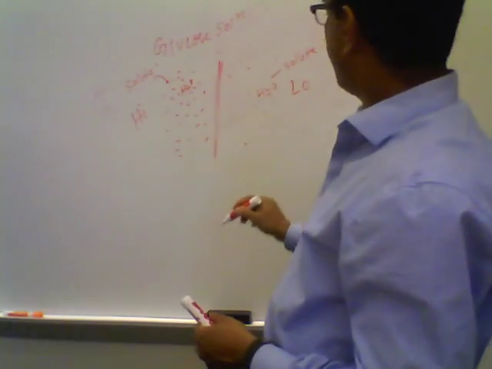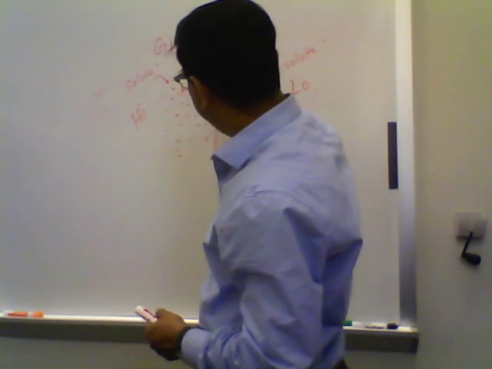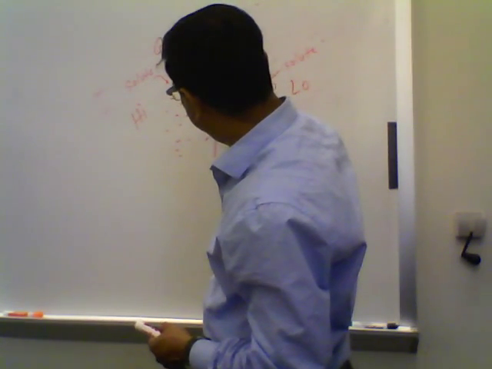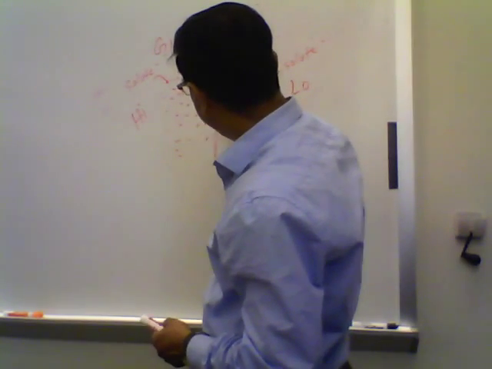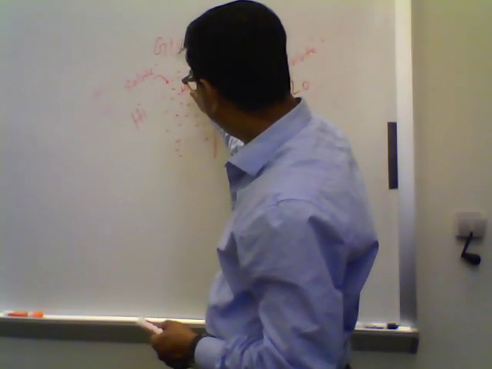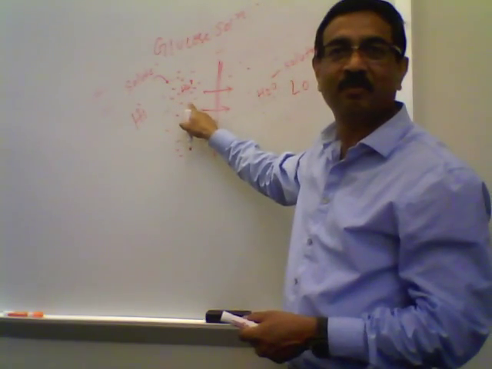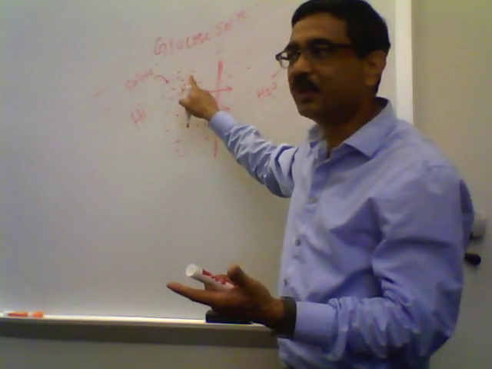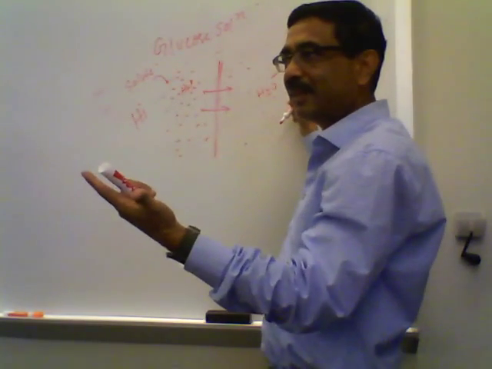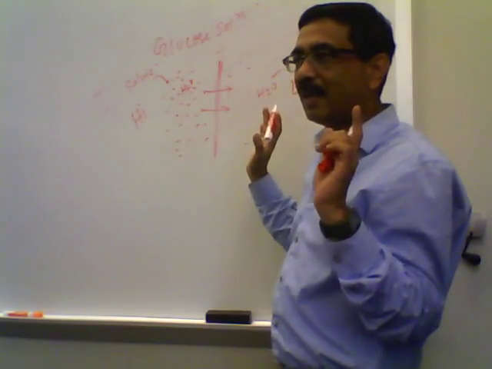Okay, now I told you that simple diffusion is the movement of the molecules from high to low. In this case, what will happen? Solutes will move from this side to this side because solute is more on this side, right? Is it clear? Glucose is more on this side, so glucose will move from this side to this side definitely. So that is simple diffusion. Is it clear? Okay.